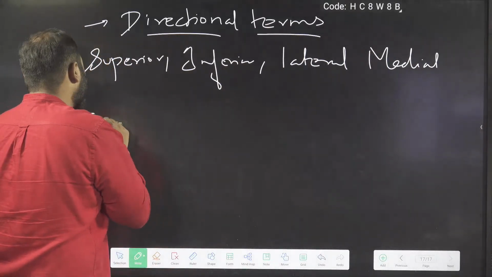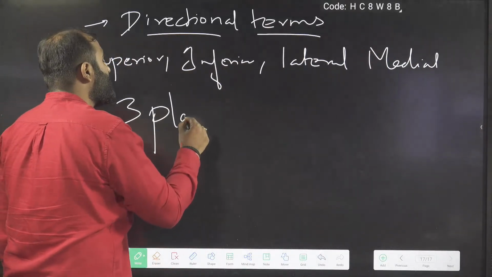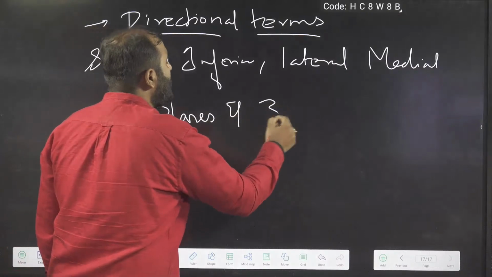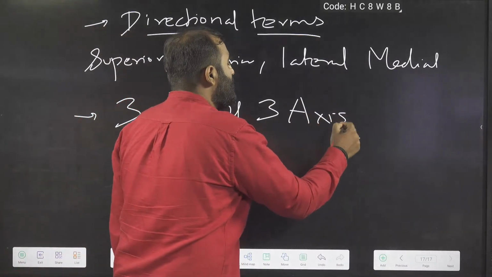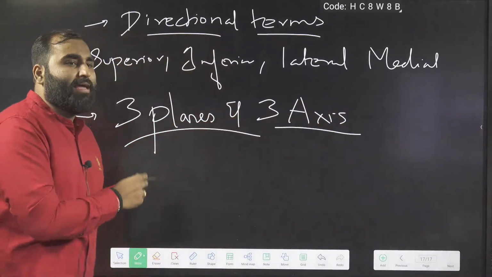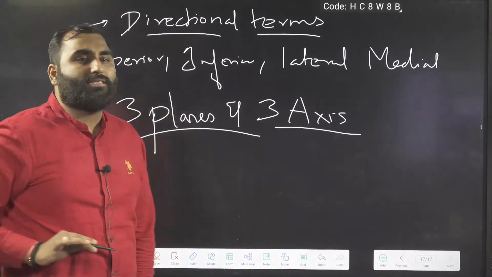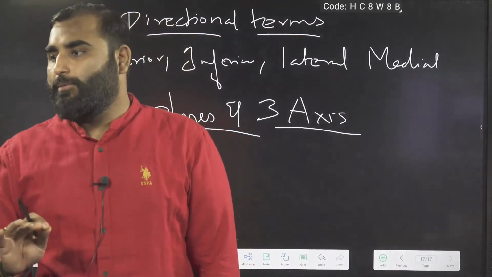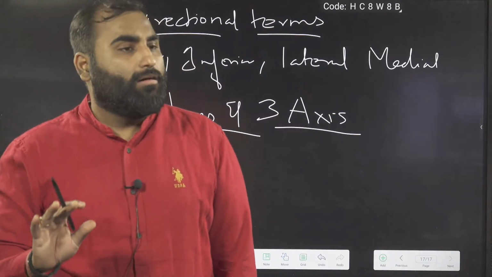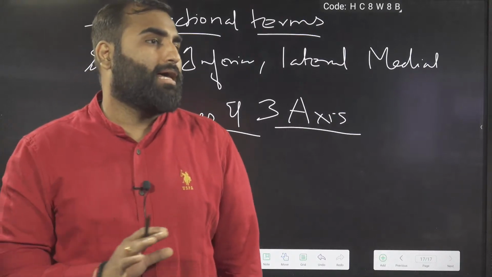And another thing, the three planes and the three axes. The three planes are sagittal, frontal and transverse, that is the horizontal plane, and the three axes. Am I clear, everyone? This is the only takeaway from today's class.